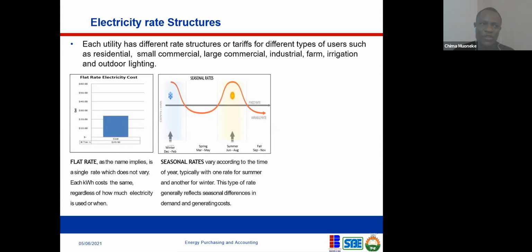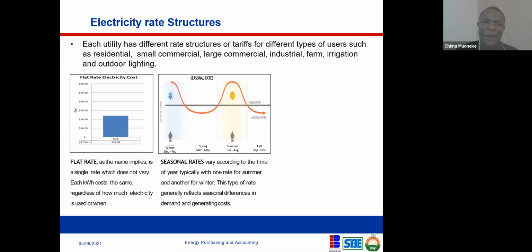And for the utility company to supply that high consumption, they need to buy extra capacity to be able to meet that demand. So they will charge you a different tariff for that. Whereas during summer or spring, there is a lower amount of energy consumption, so they will not contract additional capacity.